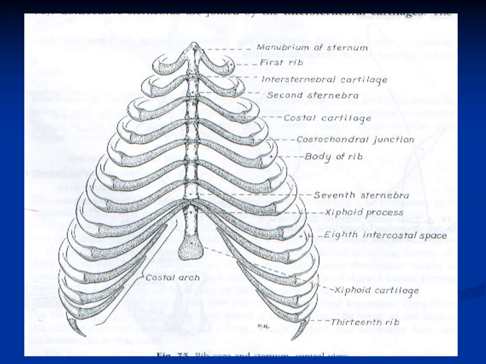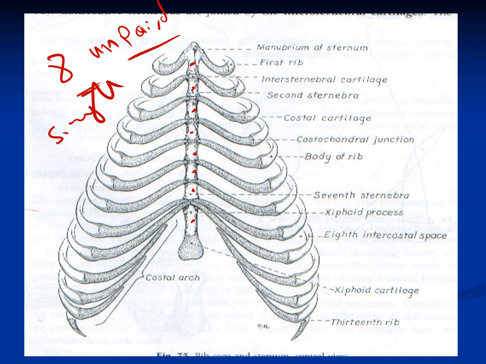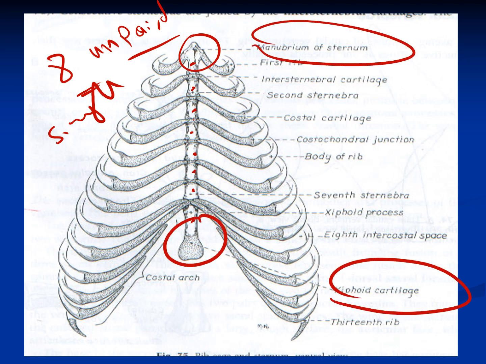See this here? This is the sternum, which consists of 8 unpaired bones, found in singles. The first one is the manubrium, and the last one is the xiphoid.